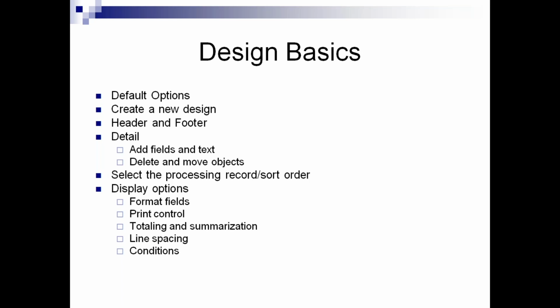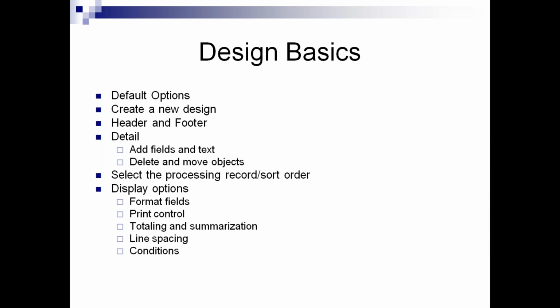We're going to actually create that report. We're going to talk about the header and the footer. We're going to add fields into the body of the report. We're actually going to do a whole bunch of stuff in there so that you can see how to get the information onto or into the body, and then how you can manipulate it.